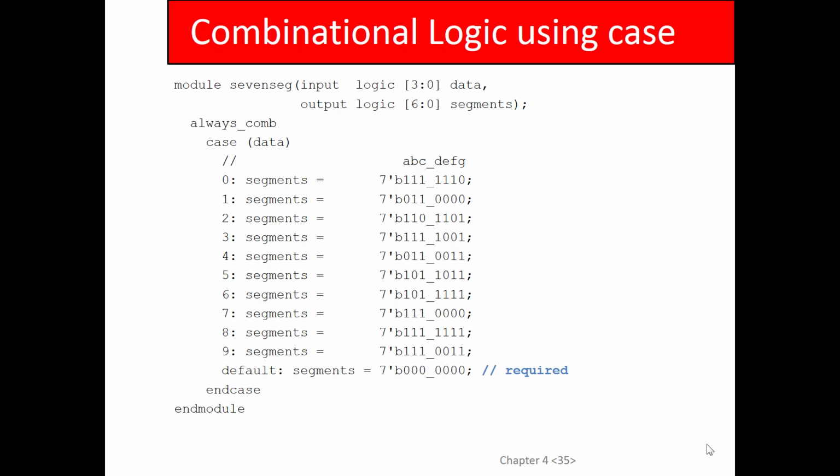So this should say 4'D or 4'H, doesn't matter, 0. You guys with me? I say it doesn't matter because it's only 0 to 9, so there's no difference between decimal and hex until you get past 9. Everyone with me? So the book, this is bad form to not put the size there.